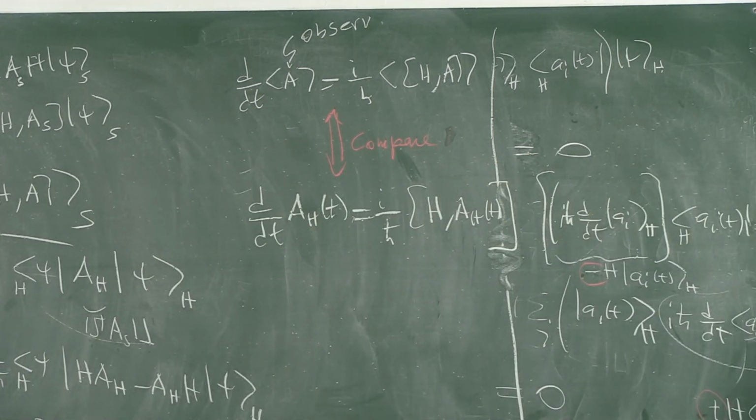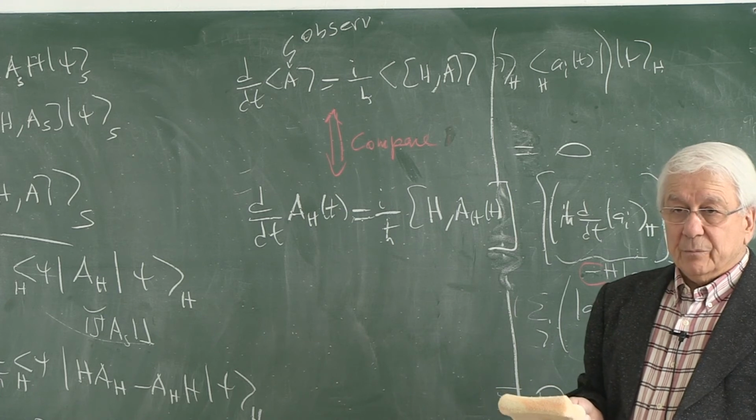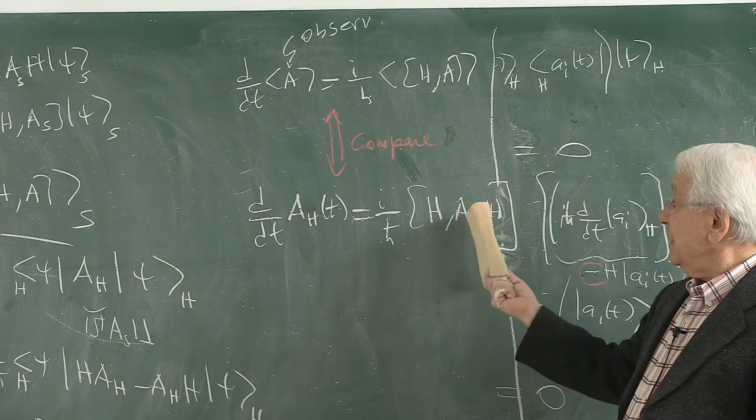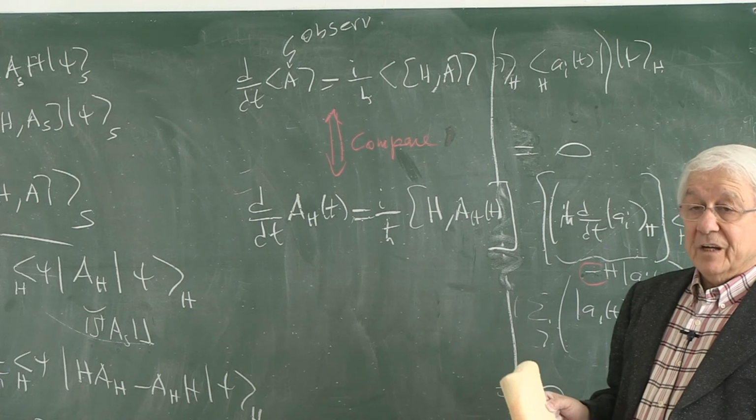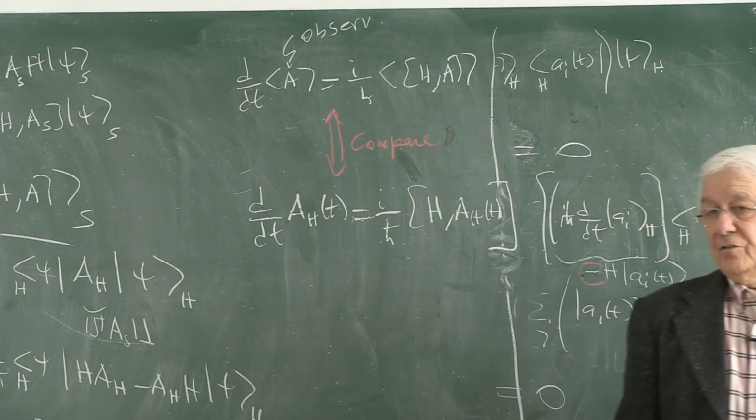As an operator equation, this is valid only in the Heisenberg picture, where A and H are Heisenberg picture observables, but that is valid in any picture in terms of the expectation value, which is only natural.